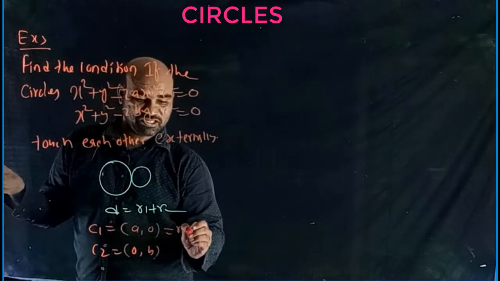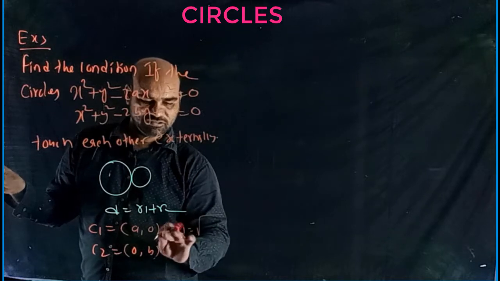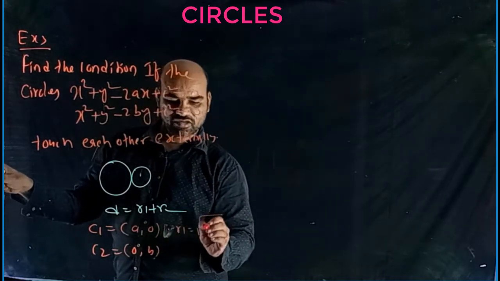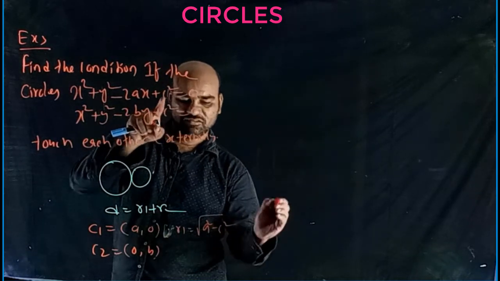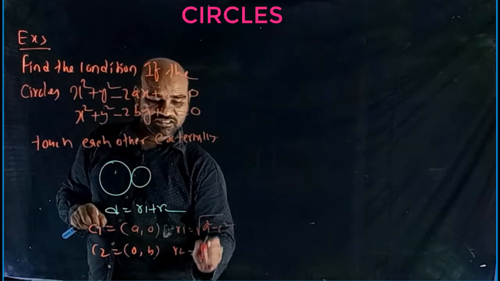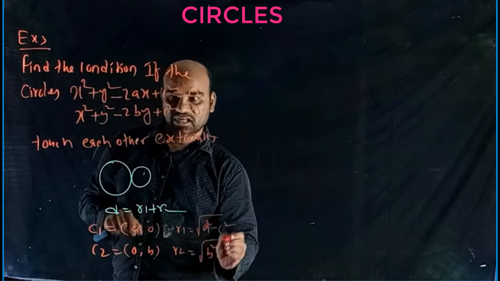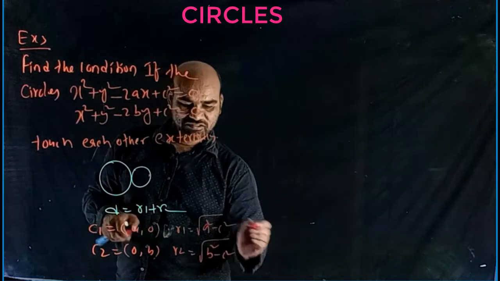Radius of the first circle is root over A square plus 0 square minus C square. Radius of the second circle is root over B square minus C square.